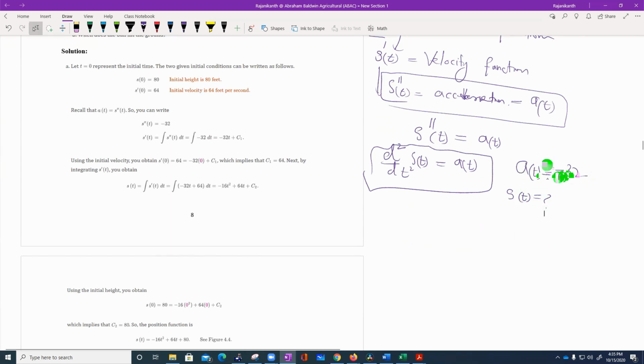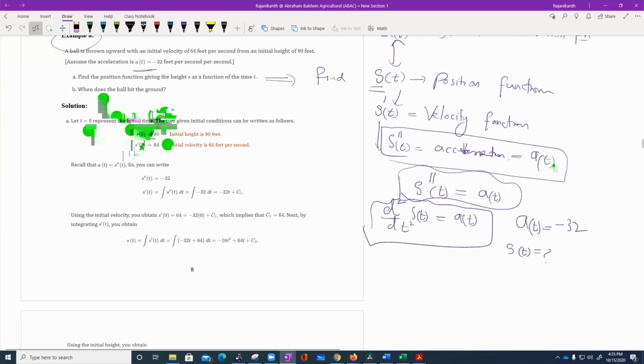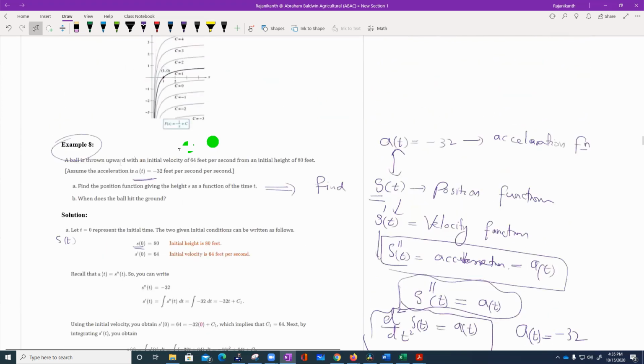What is the relationship between a(t) and the position? Yes, this is the relationship. Do you see that? So look here. If my position function is s(t), then what does this notation mean? This notation says that the position is evaluated at time 0, at the beginning. At the beginning, we know that the height of that particular object is 80. Therefore, when t is 0, the position is 80.